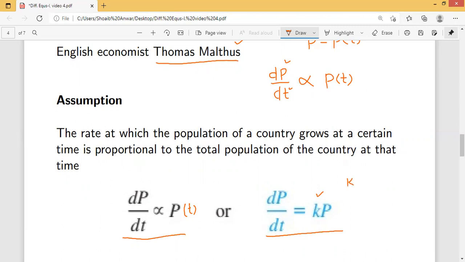So we assume that the value of k is greater than 0, where k is the constant of proportionality or growth rate.